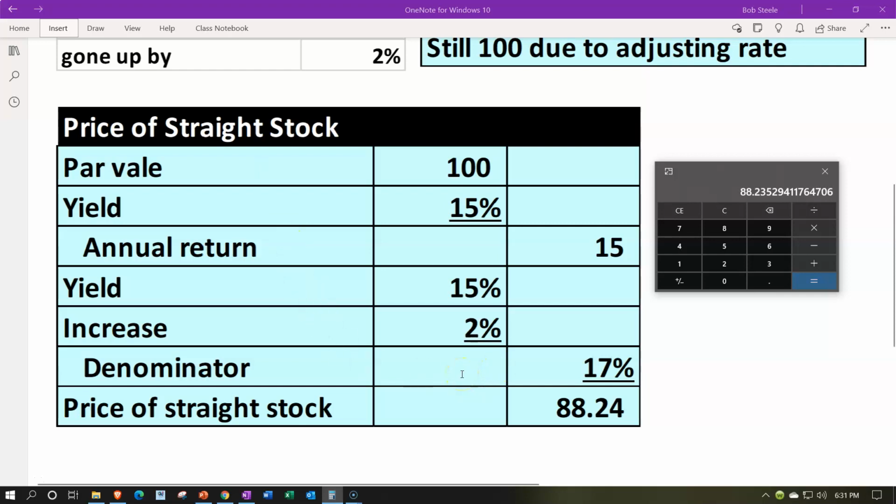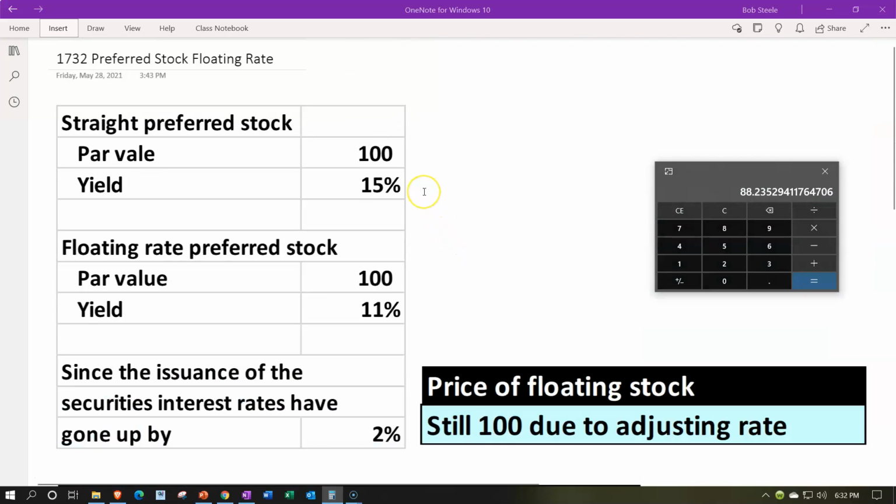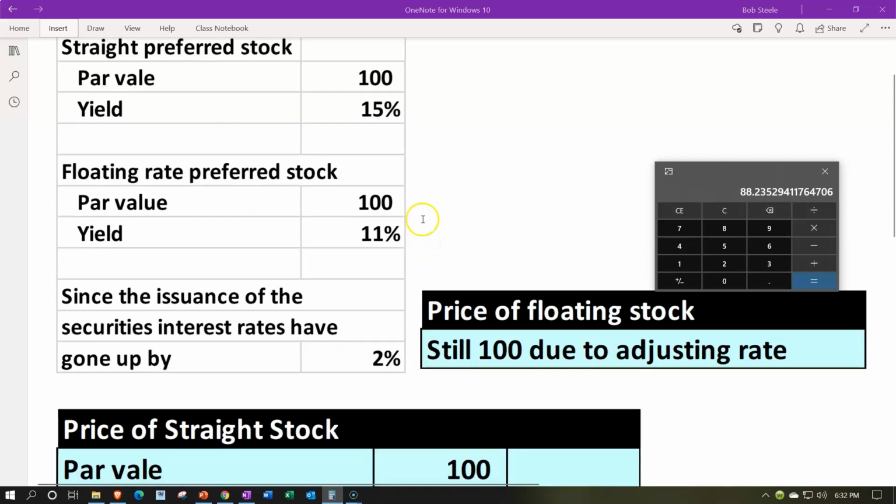So we can see the fluctuation in the price for the straight item here, due to the fact that the interest rate is not changing, versus the price for the floating preferred stock, which we could imagine remaining the same due to the fact that the interest rate, the return, will fluctuate along with the market.